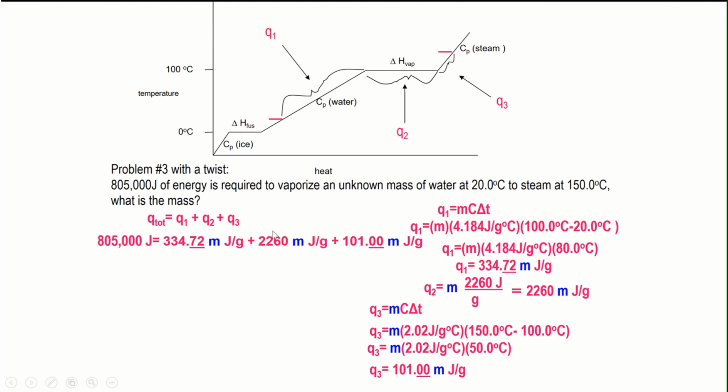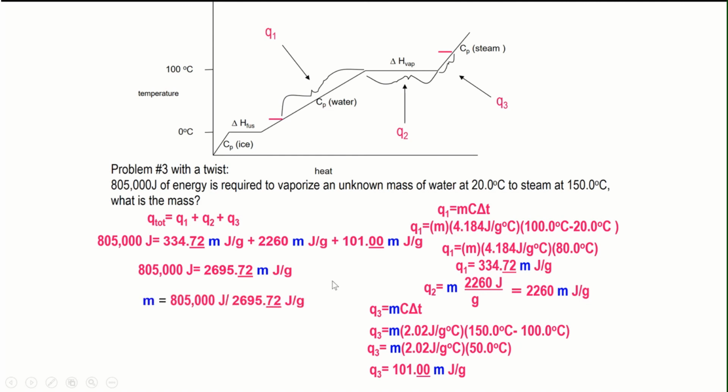Now I've got a bunch of like terms. So I can add those like terms together, the 334.72, the 2260, and the 101. They're all times M. So I can add those together. Now I have what looks like a very reasonable algebra problem. 805,000 joules is equal to 2,695.72 joules per gram times the mass.